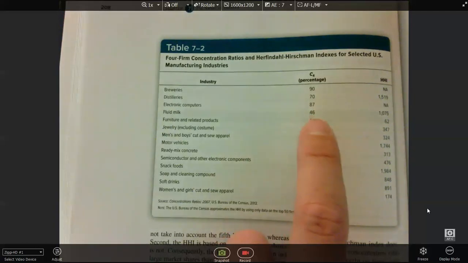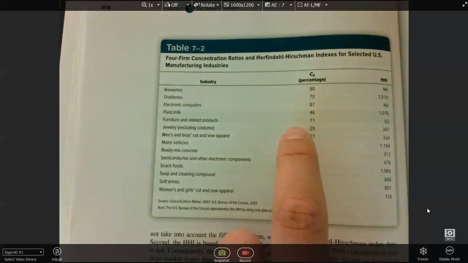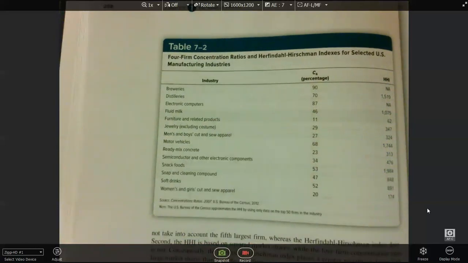There's Apple, there's HP, there's Dell, there's Lenovo, but I think Dell bought Lenovo, right? There's been a lot of mergers and acquisitions happening in the electronic computer market in the last 10, 20 years, right? Fluid milk, why do they have to differentiate between, let's say, fluid milk?